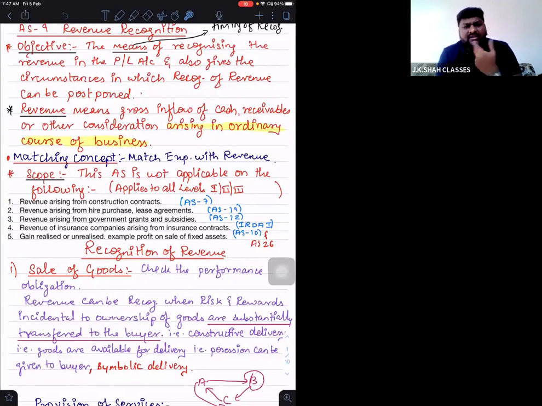Sir, at the time of sale, if I am uncertain, then I will not make a sale at all, na sir. If at the time of sale I am uncertain that I'm going to collect the money, I will not make a sale. I gave you the example of MLA in the first lecture. Do you remember? We were discussing AS9 recognition criteria.